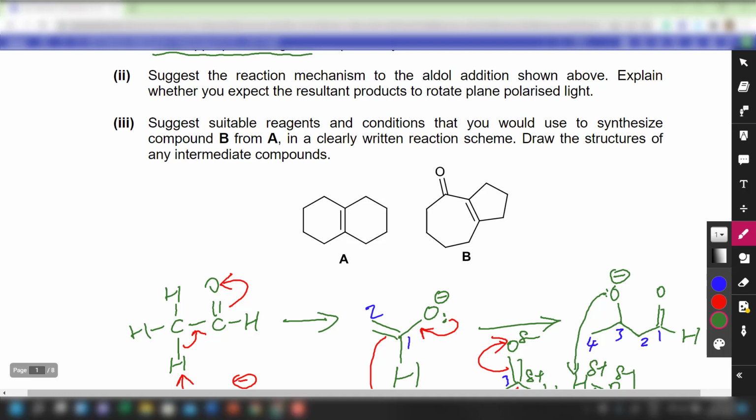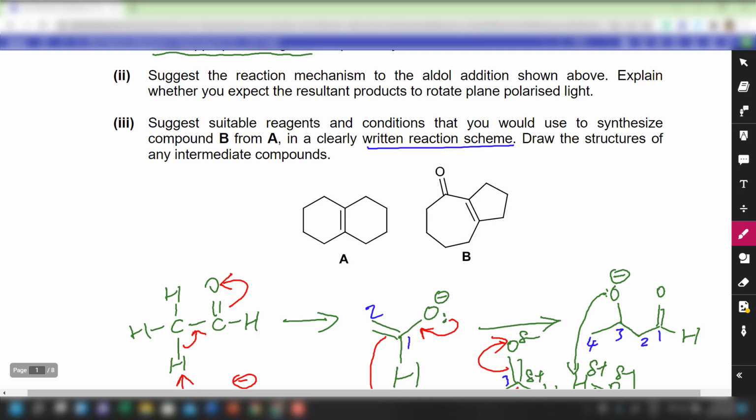Some students went to draw the mechanism, but let me emphasize that drawing the mechanism is absolutely unnecessary, because you are just required to write down a reaction scheme. That means it's your usual H2 approach where you incorporate the reagents and conditions and then draw the intermediate products.